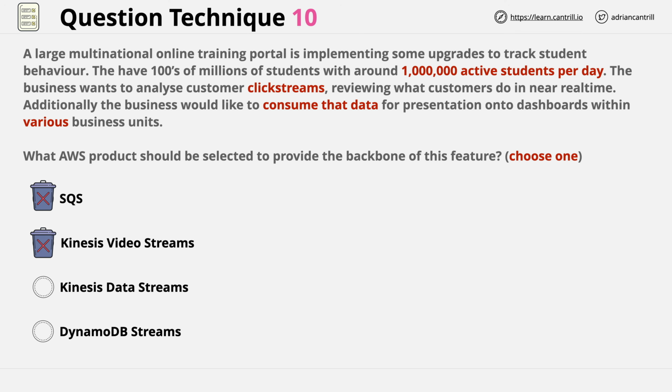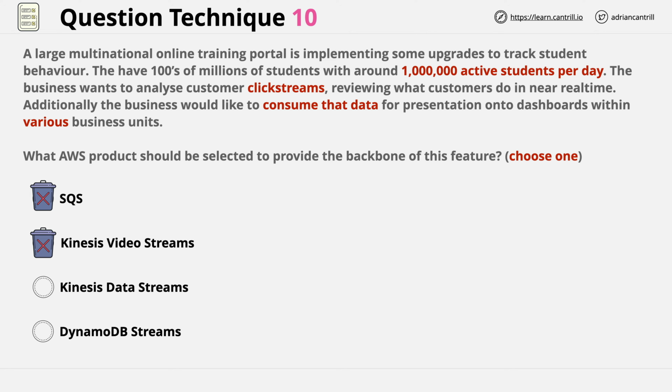So Kinesis video streams is a product that's designed for ingestion of video data. It's not used for this type of architecture. So Kinesis video streams, logically think video, data streams think data. Now, logically, this is pushing us towards selecting Kinesis data streams as the correct answer, but I need you to be aware of why. The final answer is DynamoDB streams.